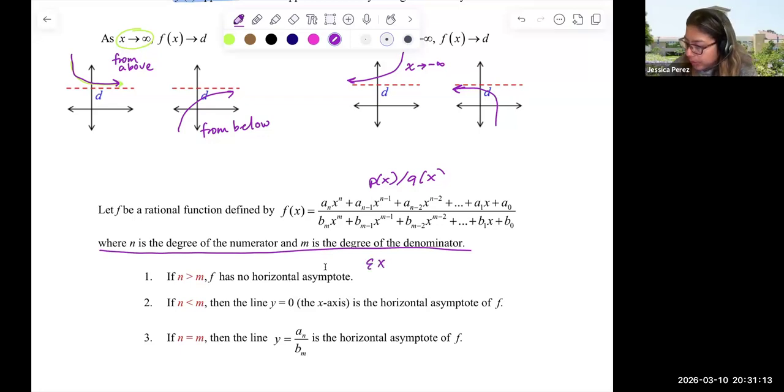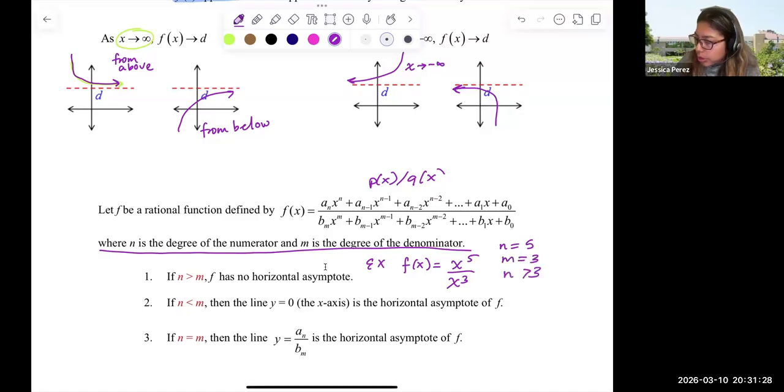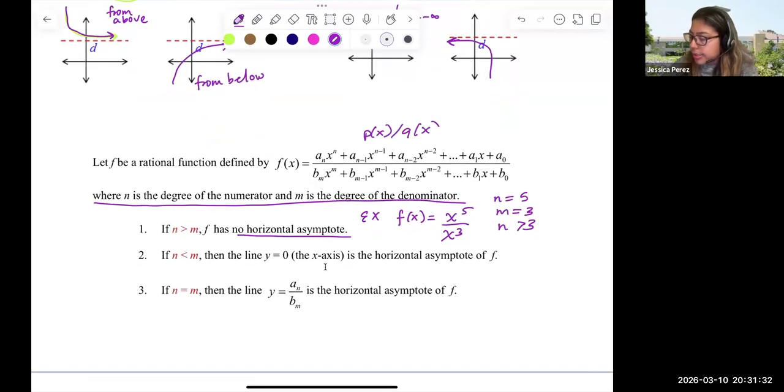So an example would be if you have f of x is equal to x to the fifth over x to the third. See how the degree of the numerator n is 5, the degree of the denominator m is 3, so n is greater than m, then you do not have a horizontal asymptote. Now, if n is less than m, then y equals 0, the x-axis, is a horizontal asymptote.